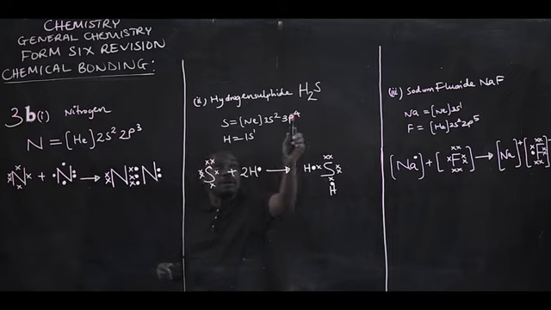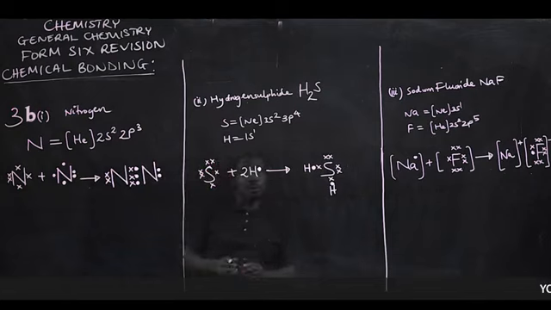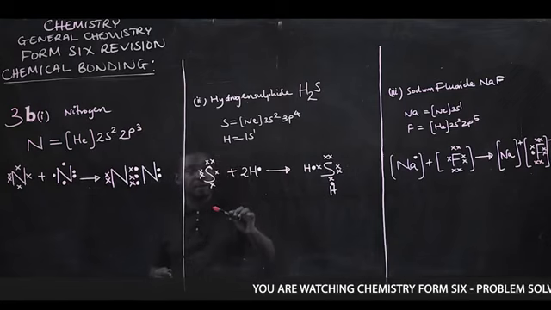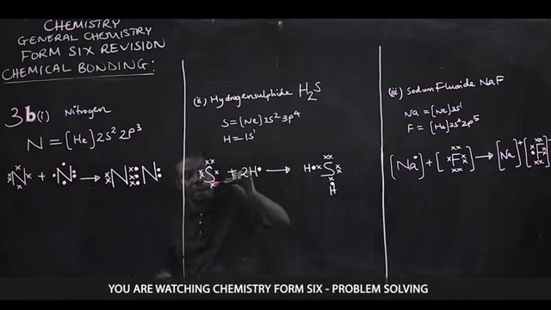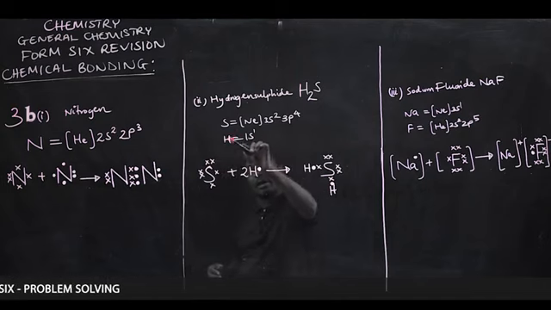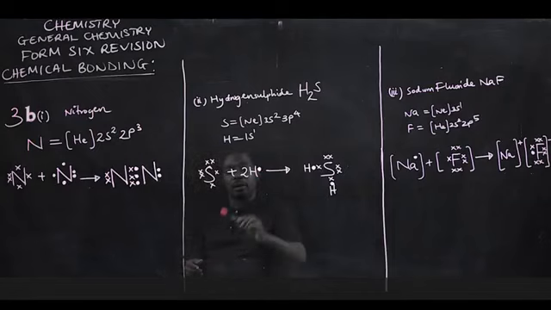Among these 6 valence electrons, sulfur has 2 unpaired electrons and 2 pairs of paired electrons. So once sulfur combines with hydrogen, it uses these 2 unpaired electrons. According to the electronic structure of hydrogen, hydrogen has only 1 unpaired electron, and it uses that 1 electron to combine with sulfur by sharing.